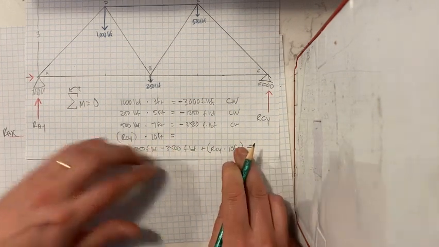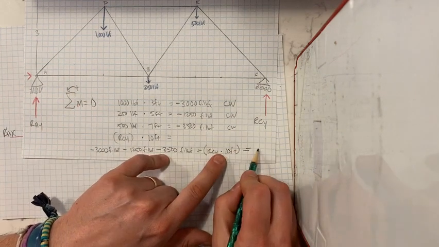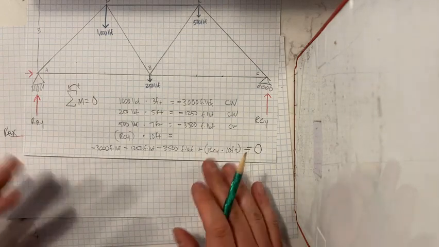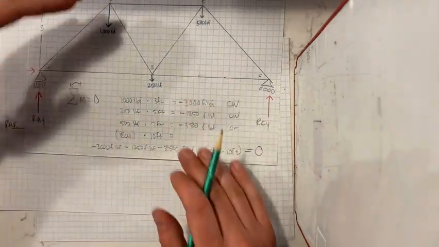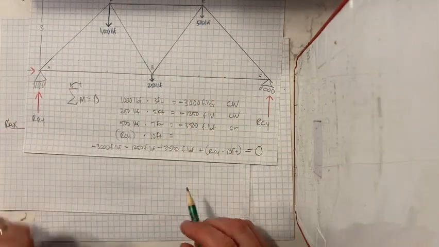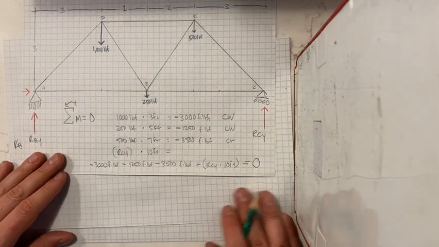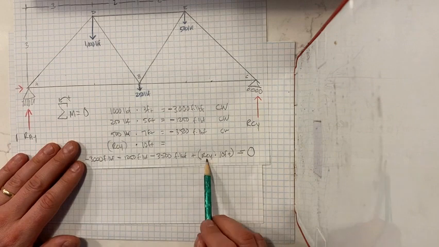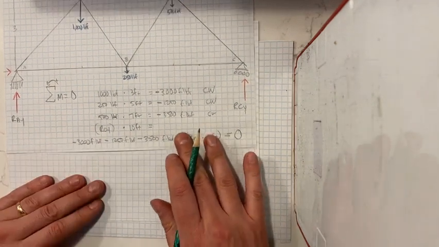And we're going to set that all equal to 0 because this truss is not moving. It's static. The forces acting on it are going to be equal to the reaction forces. Now we just have to get this RCY on its own side of the equal sign.